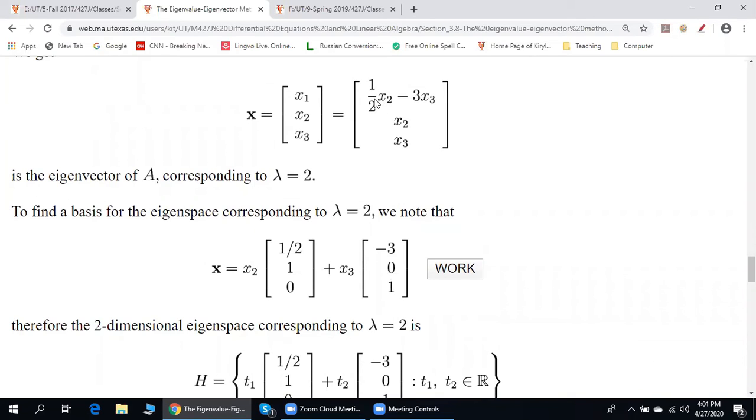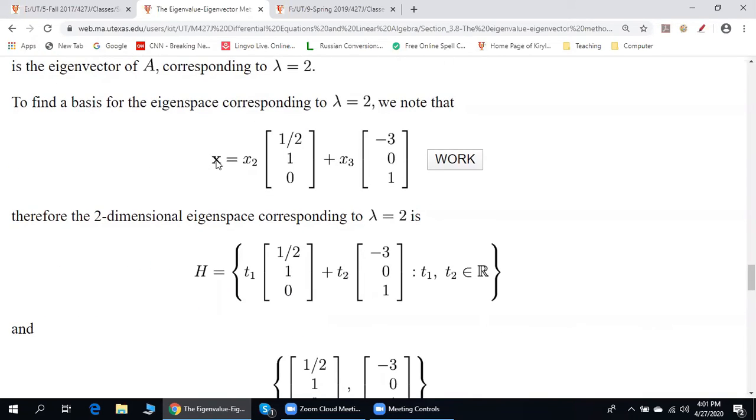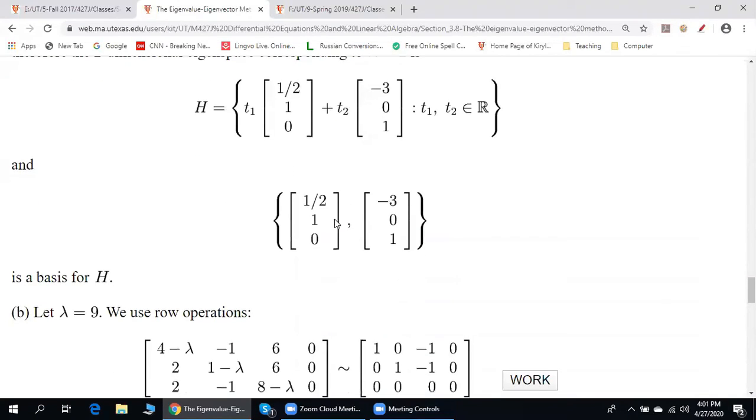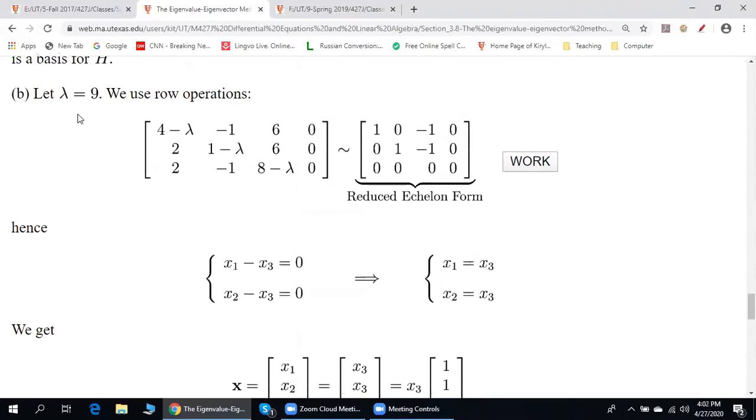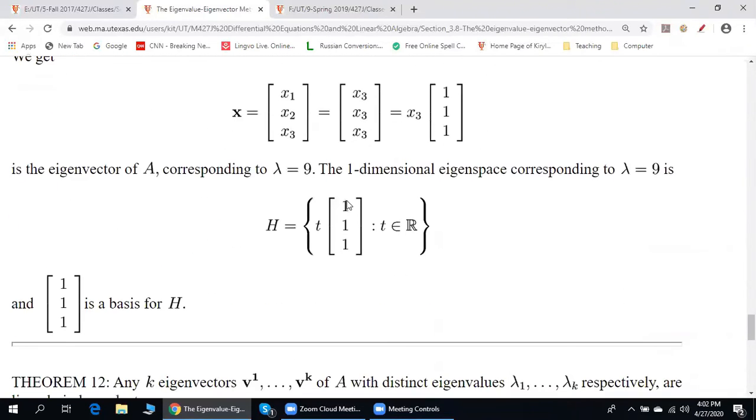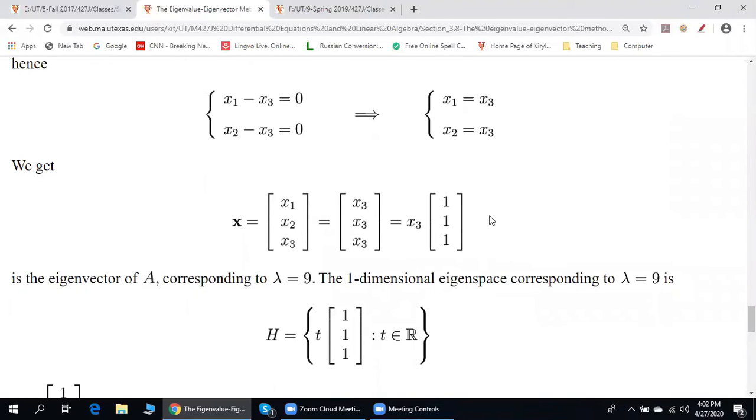We split this matrix column into the sum of two pieces, and now we see that each of these eigenvectors can be written as a linear combination of two linearly independent matrix columns. Therefore, the dimension of this vector space is 2. For lambda equal to 9, the dimension of the corresponding eigenspace is 1, because each matrix column is a multiple of this matrix column.